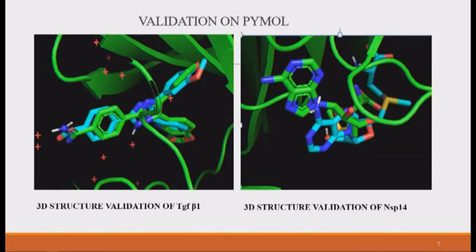Next slide. Okay, like I told you, we do validation in 2 ways. First on Mpro, checking the one that has been downloaded from PDB, we validate them on Mpro to check if they correspond. For this, TGF beta 1, the PDB ID is 3TZM. Then for NSP14, the PDB ID is 5C80.